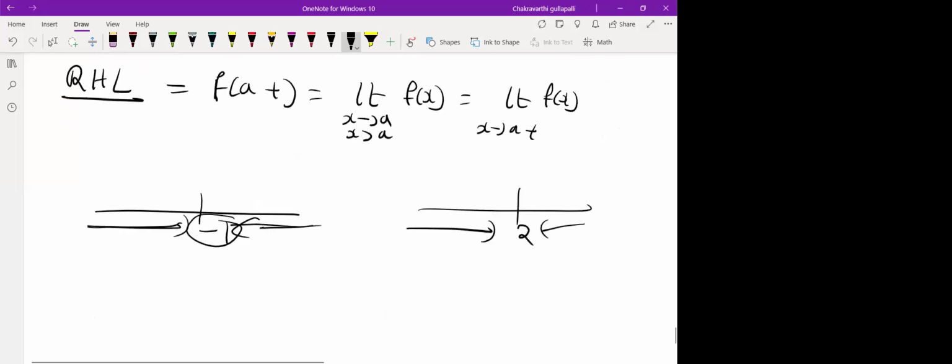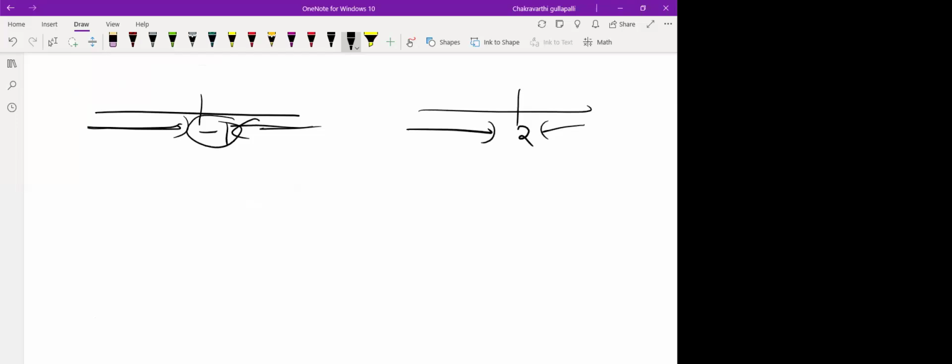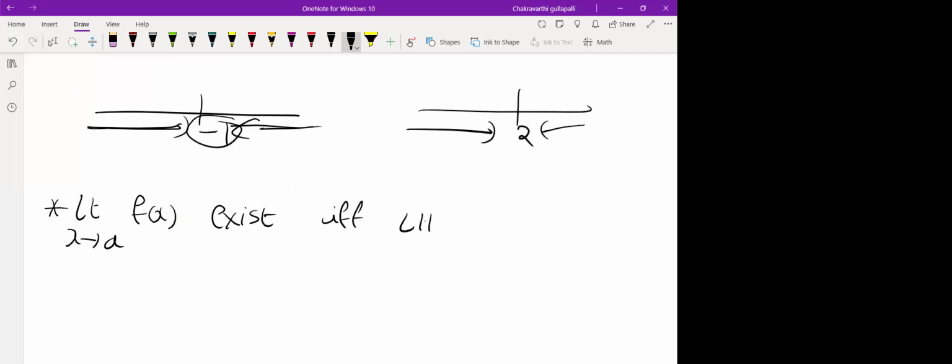So when do we say the limit exists? Irrespective of the approach, limit x approaching a of f of x is said to exist if and only if LHL is equal to RHL is equal to some constant L. This constant L may be finite or infinite.